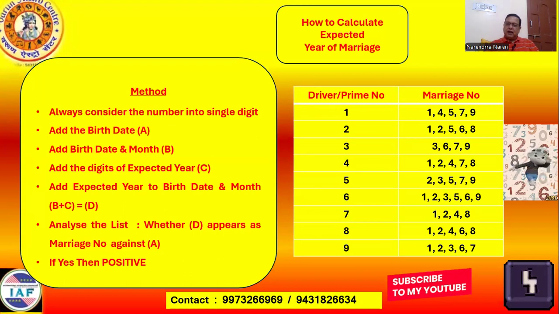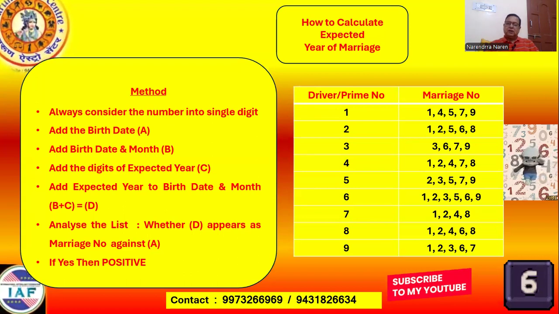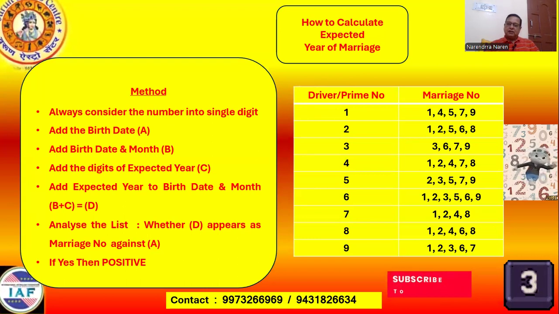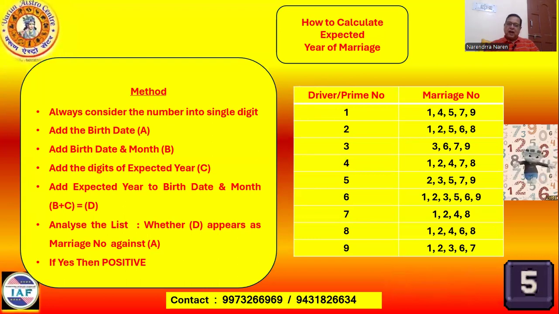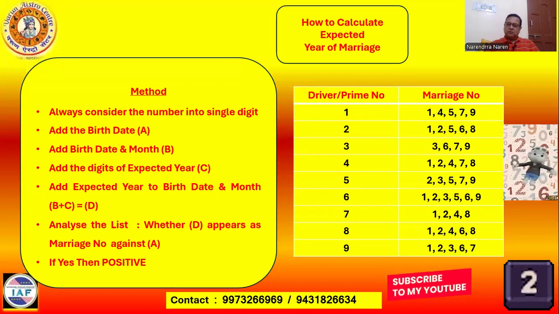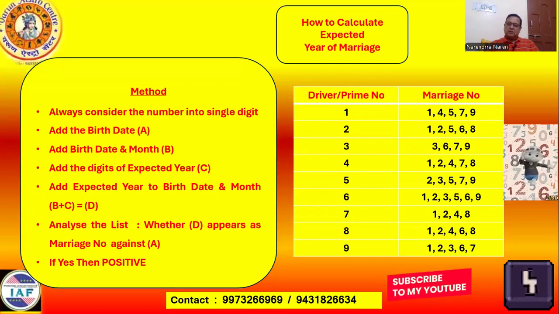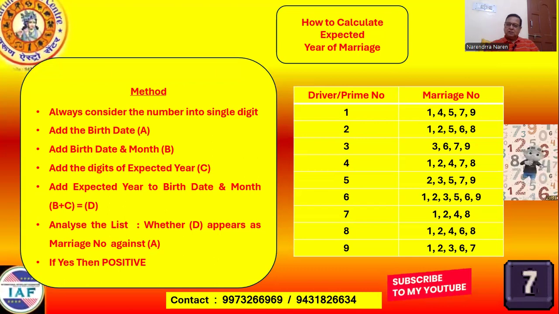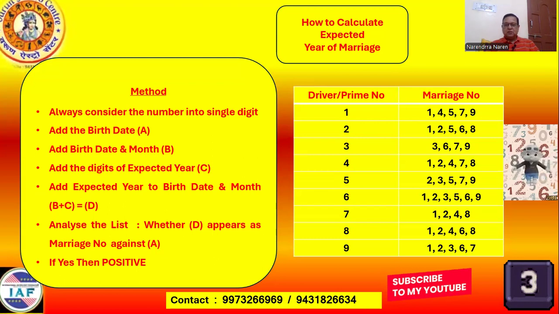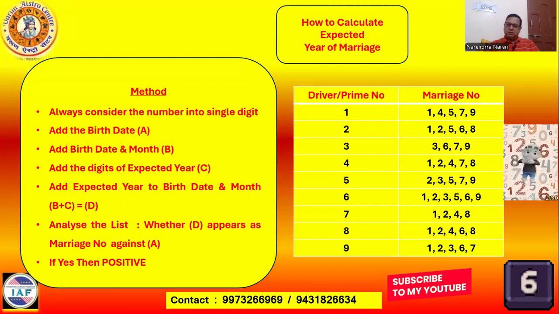Take that year, add the digits together, convert into a single digit, and thereafter add the birth date and month from the birth data, and the expected year, whether current year, next year, or when the marriage is solemnized.